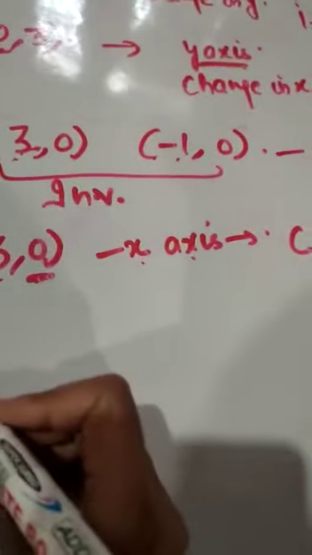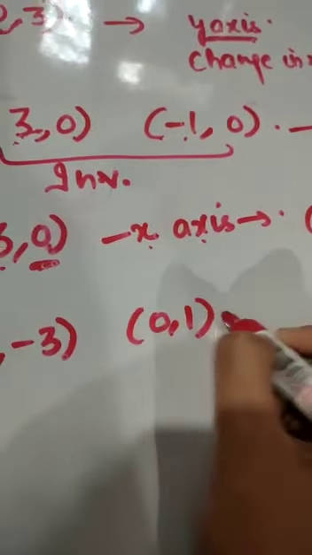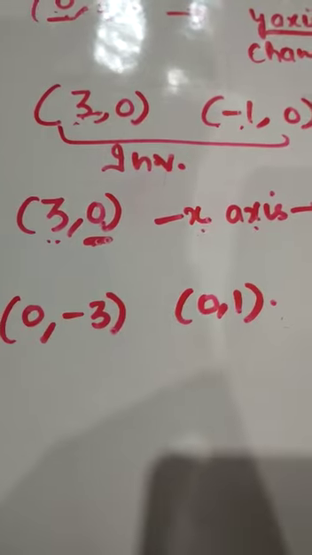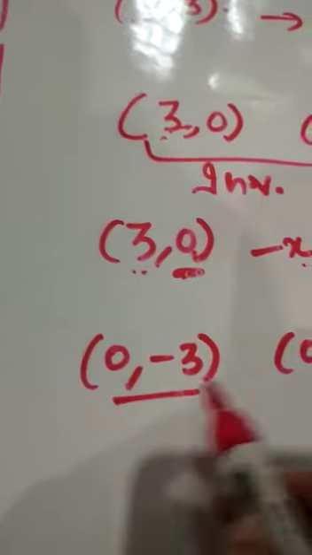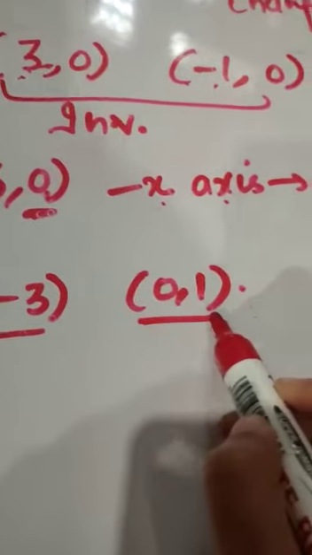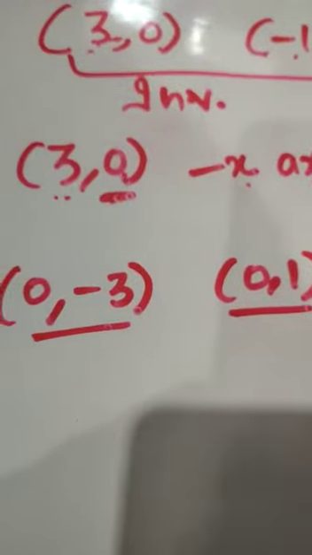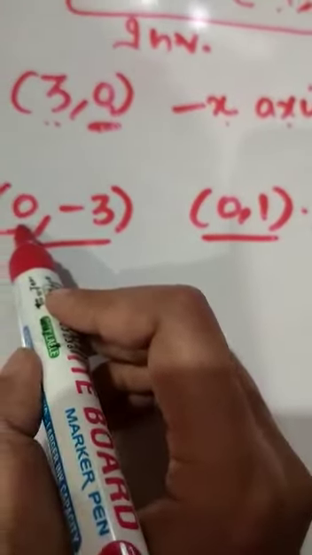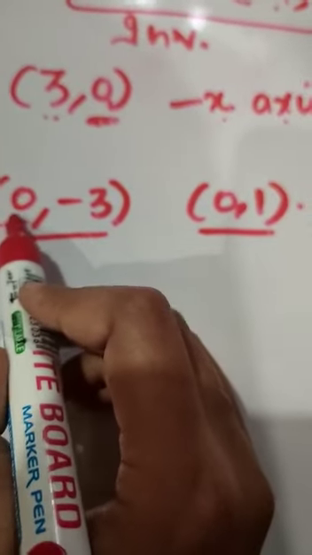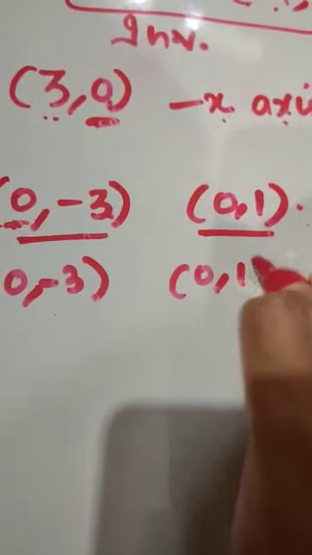Now the next points are 0 and minus 3, 0 and 1. These will again remain the same in the case of the y-axis, because in the y-axis we have to change x, and after changing x, 0 and minus 3 remain the same.